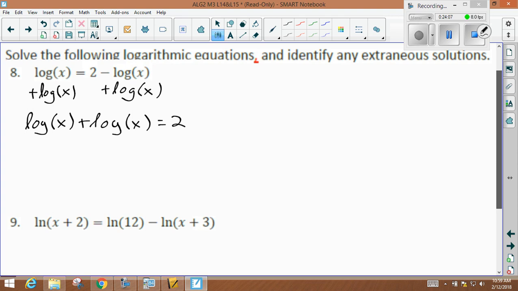That's also 2 log x, isn't it? If I have 1 log x and I add another one, I have 2 log x's. Either way works. It turns out that using your addition property is actually going to be faster. So let's do that. I want to go fast.